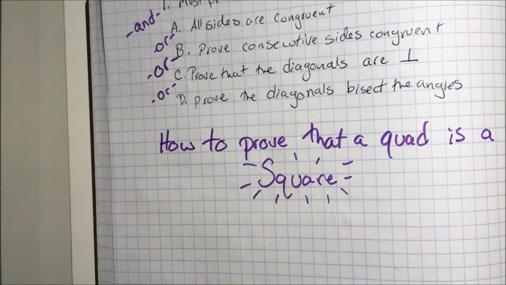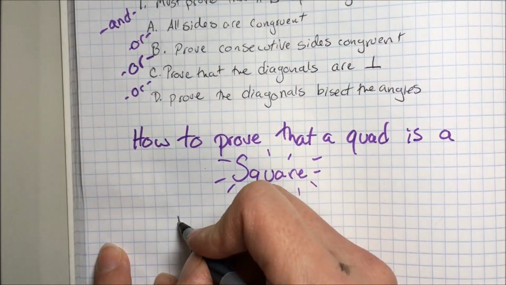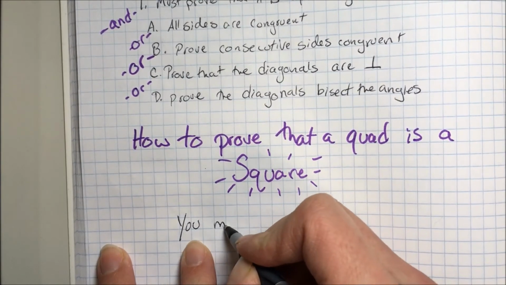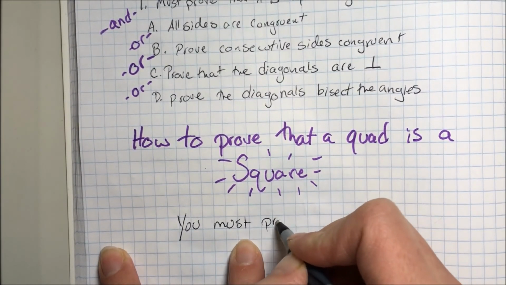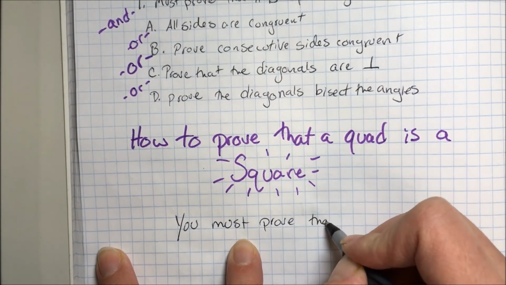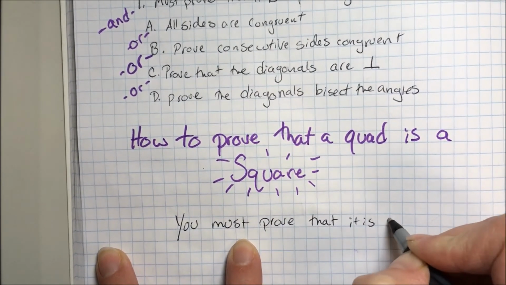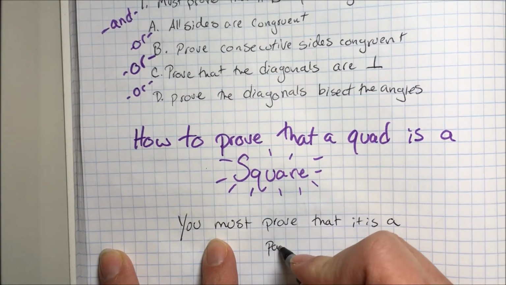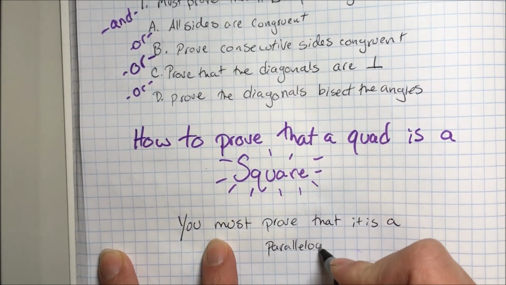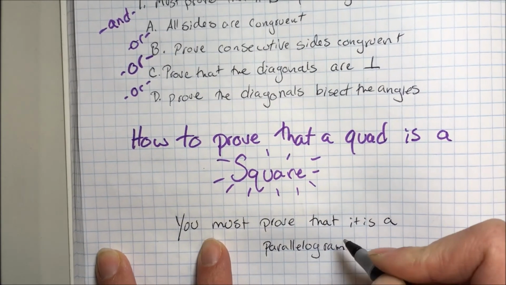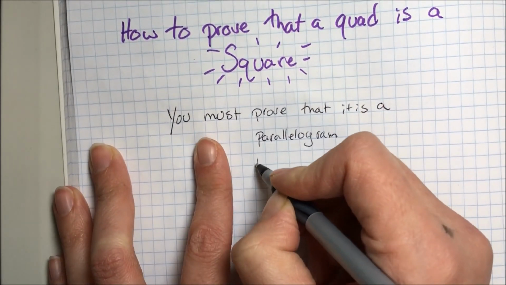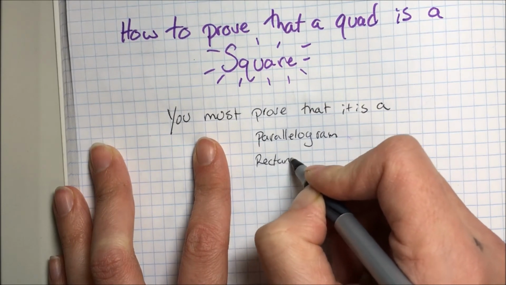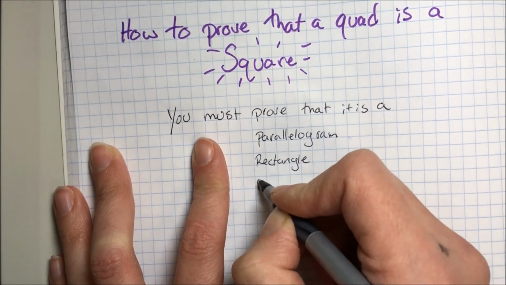You must prove that it is a parallelogram and a rectangle and a rhombus.